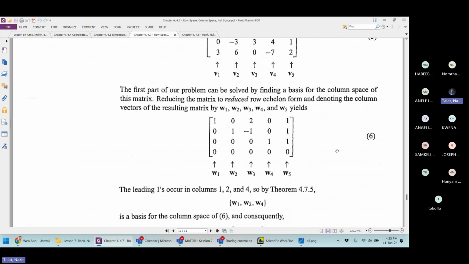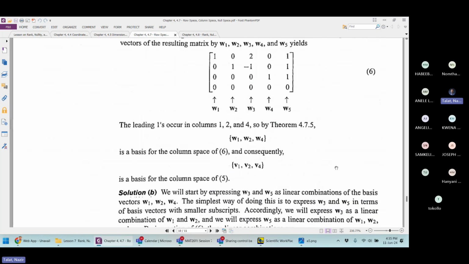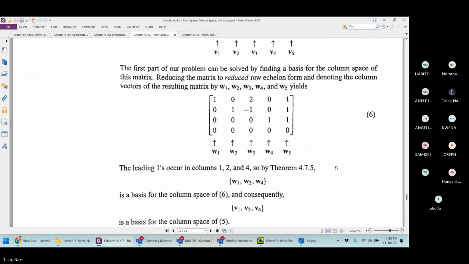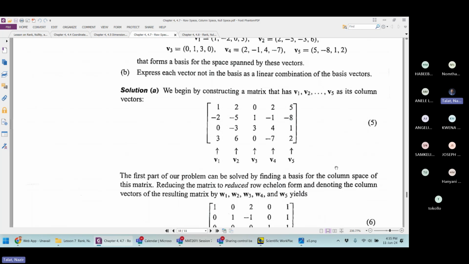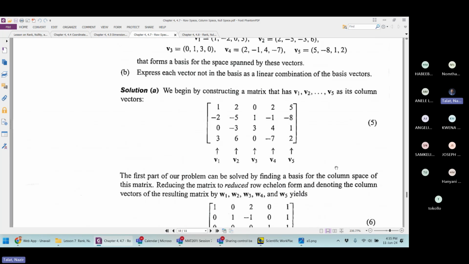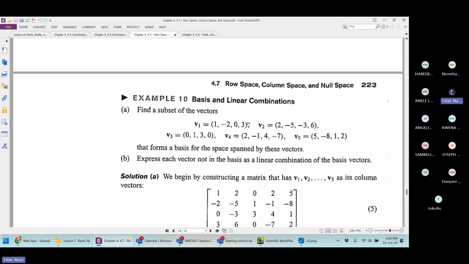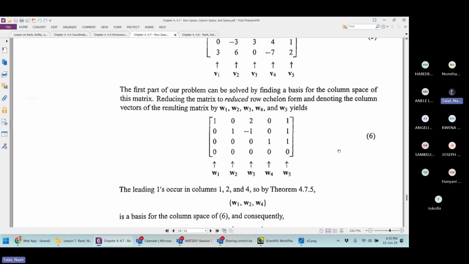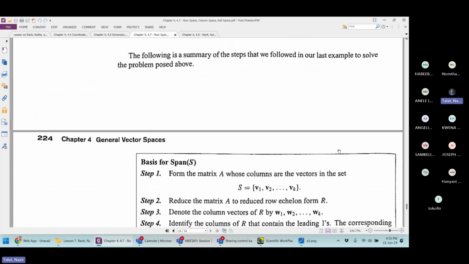The leading one entries are in W1, W2, and W4, so these three are independent columns. We conclude that the basis is W1, W2, W4, which generates all vectors generated by V1, V2, V3, V4, V5. This is the method for that.